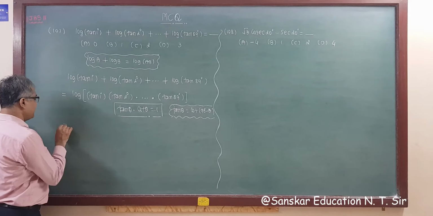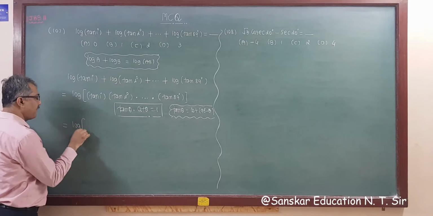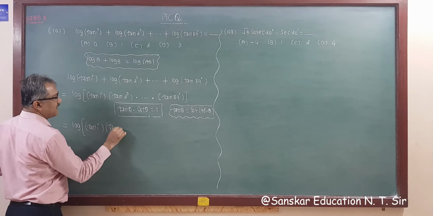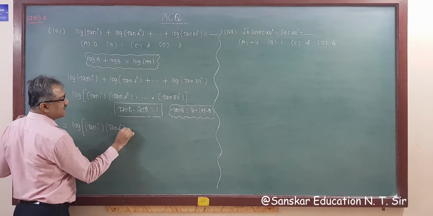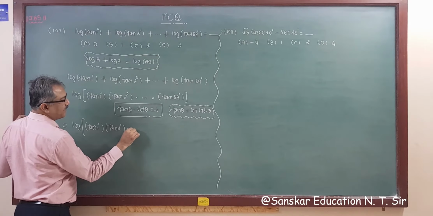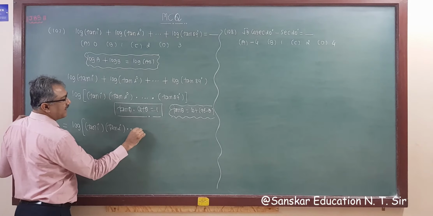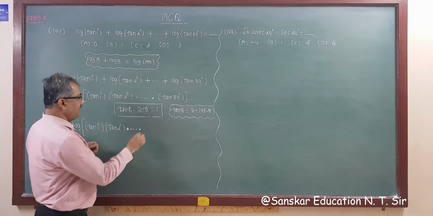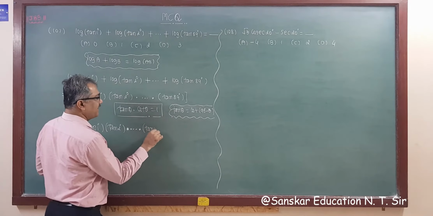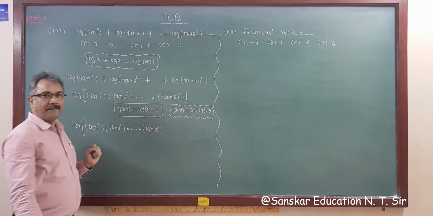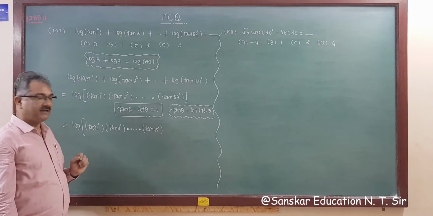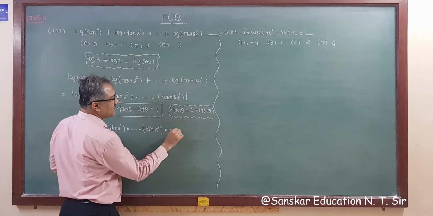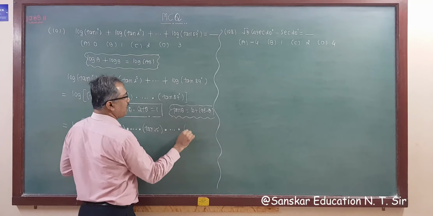So I am writing this as log: this is tan 1 degree, this is tan 2 degree, dash, into dash. In between, in the middle, there is tan 45 degree, then dash, into dash, and this is cot 1 degree.